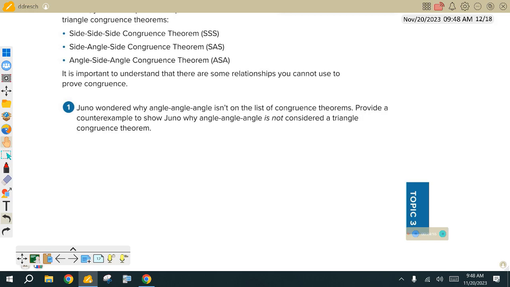AAA, AAA. All right. Anybody have an idea of maybe a counterexample of that? We've talked about some work with that throughout the school year. We've talked about it kind of recently too, with regular polygons. Angle is never going to work for us.